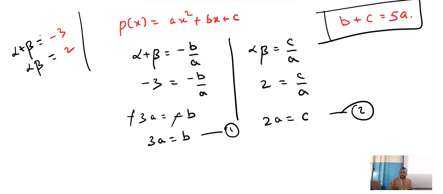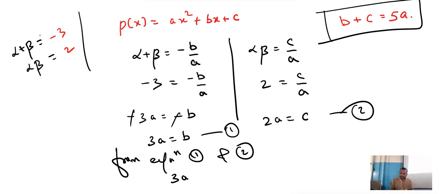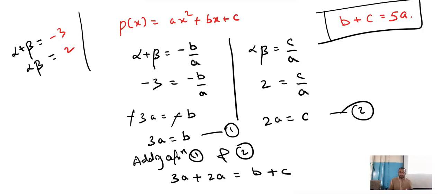Adding equation 1 and 2, 3a plus 2a is equals to b plus c.